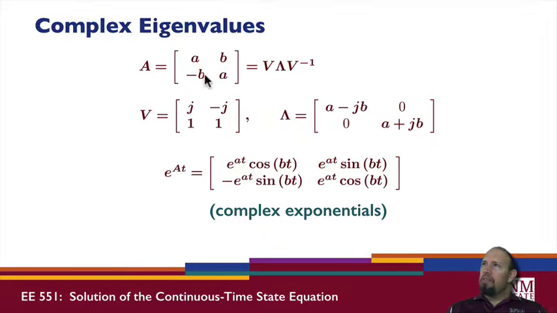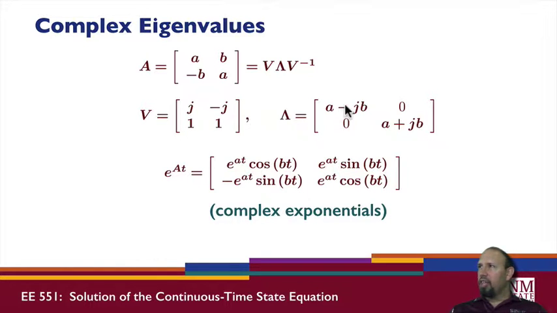All right, suppose we have this matrix now. Notice A and B are symbolic variables. I can still go through and do the eigenvector decomposition, and in this case I will get these eigenvectors. They're complex, so notice I have a J, an imaginary part and a real part.